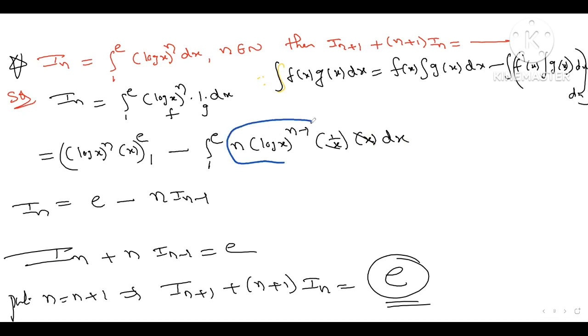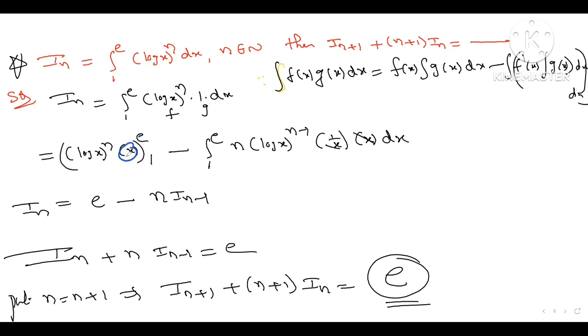Here, the derivative of the first function (log x) to the power n is n into (log x) to the power n minus 1. According to the chain rule, the derivative of log x is 1 by x. Integration of 1 dx is x, so they cancel. First, in the place of x, write the upper limit e: e log e. Log e value is 1, and 1 to the power n is 1.